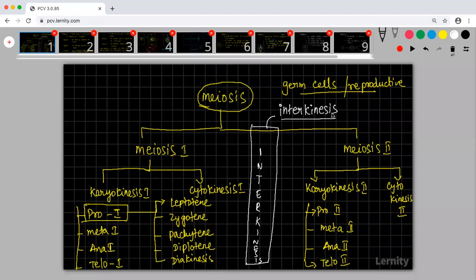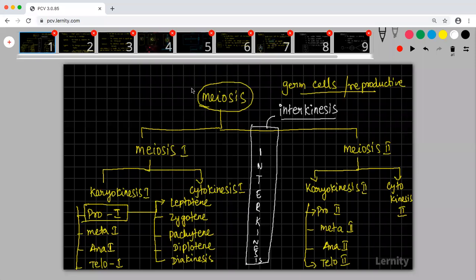In some cells you will be able to see interkinesis. In some cells you will not. Basically it is a small duration. Maybe for some cells it will be resting for 1 hour and then it will start to divide. That resting time is what we call interkinesis.